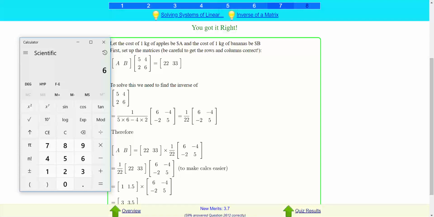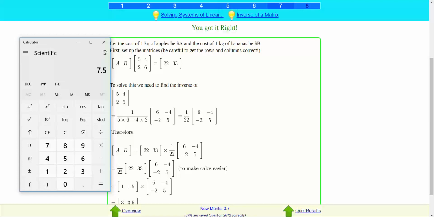And then it's minus 2 plus 7. That's 5. Then why am I not getting the same result? What is going on here? Let's try to do what he's doing. Let's do 1 and 1.5. Multiply by 6 minus 4 minus 2 and 5.